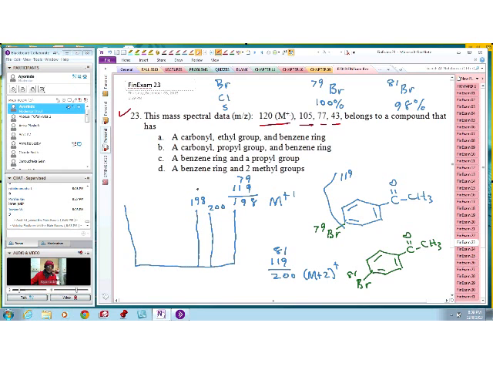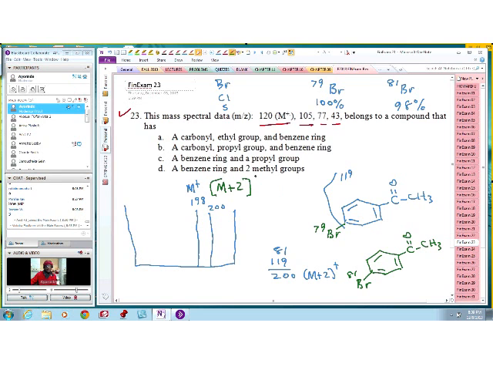This is the M+2 ion, right? This is the molecular ion here. And the ion at 200 is your M+2 ion.